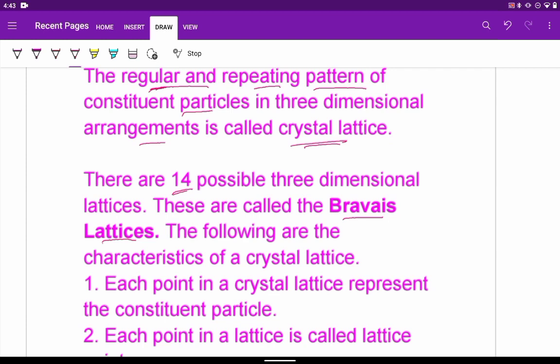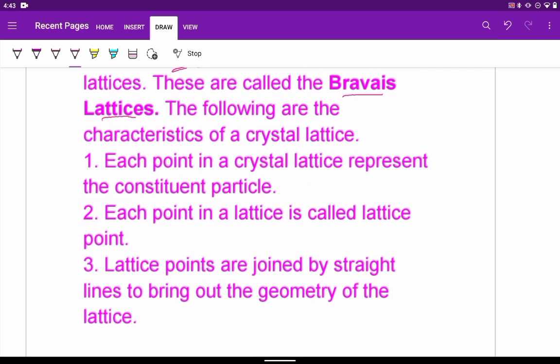Now, for each crystal lattice there are some characteristics. In a crystal lattice we will have some points. Every point represents a constituent particle of the crystal lattice, and each point in the lattice is called a lattice point.